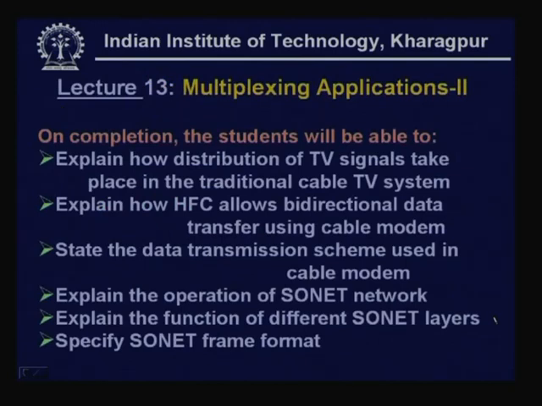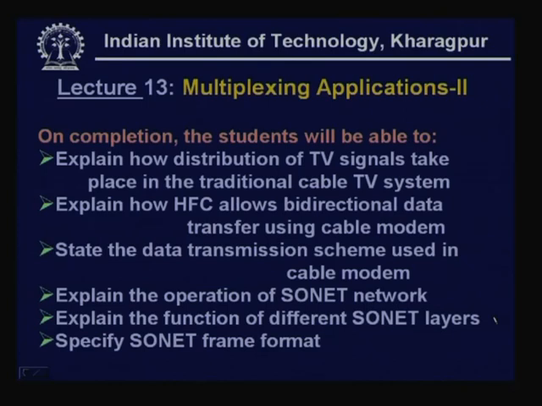On completion of this lecture, the students will be able to explain how distribution of TV signals takes place in the traditional cable TV system. They will be able to explain how HFC, that is hybrid fiber coaxial cable network, allows bidirectional data transfer using cable modem.